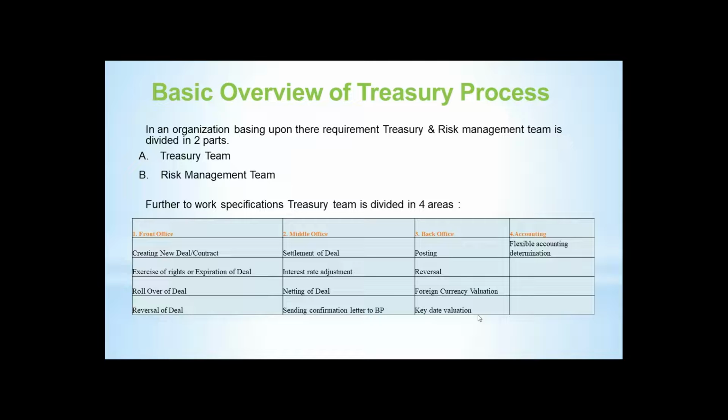When you're talking about the Treasury team, they are basically doing all the short-term activities. For example, they do the execution of the deal, and then they do the validation of the deal. Take a simple example, a fixed term deposit.